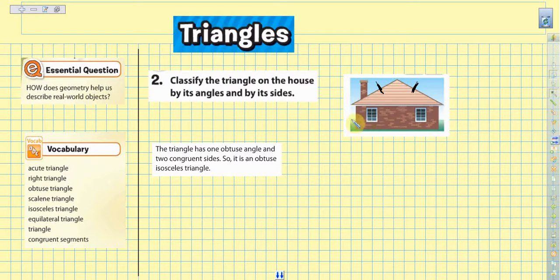So I need to look to see, what was the name of a triangle that had two sides that are equal? You can go back in your notes or you can look right here. Isosceles triangle. Not done yet though. I don't want to put just triangle over here.